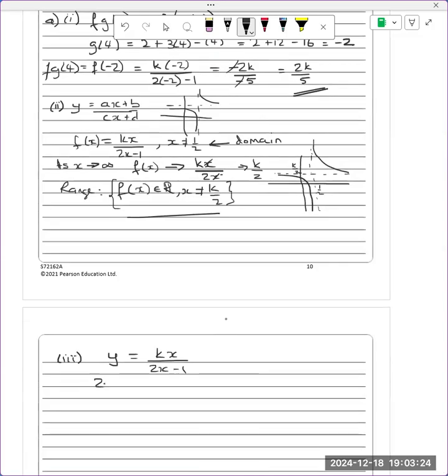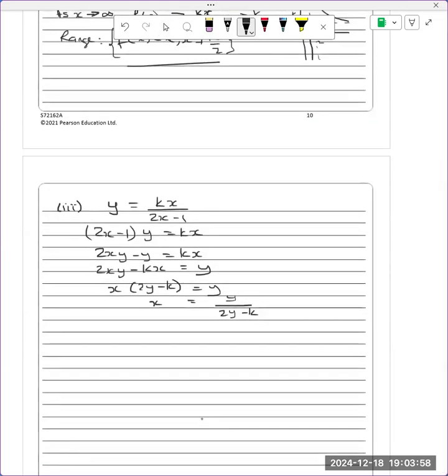So we multiply up to get rid of the fraction, expand the brackets, collect up x terms on one side, so 2xy minus kx, and the other terms over the other side, factorize out x, and then divide by the bracket 2y minus k, and then finally swap x and y.